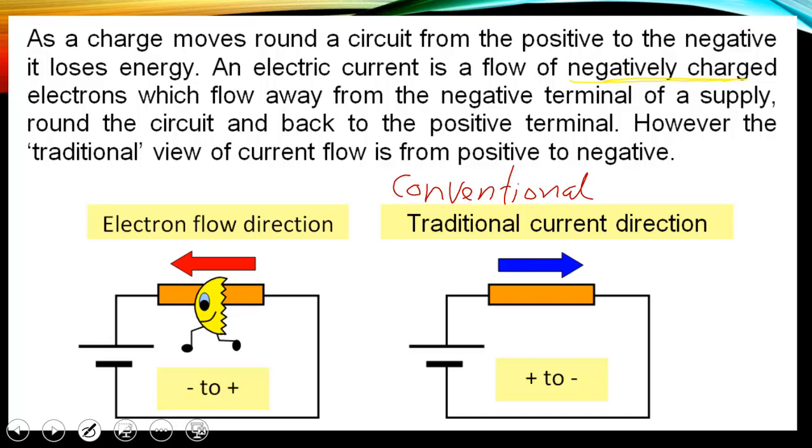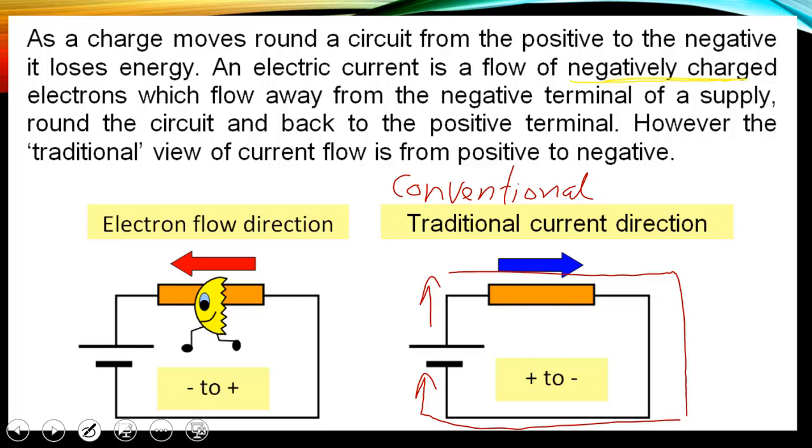This means that the electric current will flow from the positive pole of the source towards the negative pole of the source. The current moves from the positive pole, passes through all the electric parts in the circuit, then goes back again to the negative pole. We call it the traditional or conventional direction.